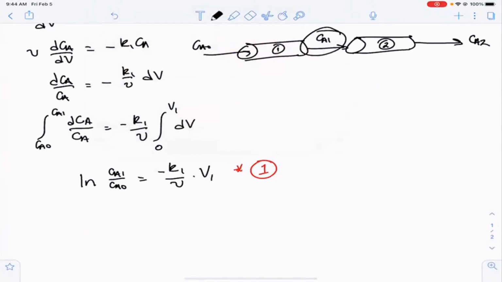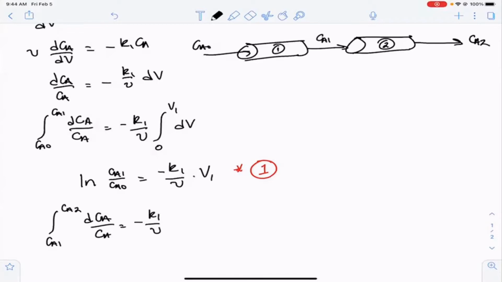And here, of course, the inlet concentration into reactor 2 is just CA1. So this is the integral from CA1 to CA2 of dCA over CA equals minus K1 over V. And now, when we're looking at this problem, we have some volume of this reactor, and let's say that they're the same volume.